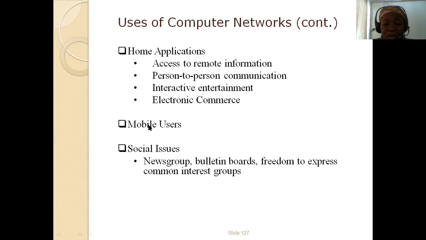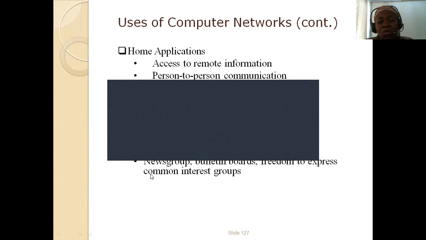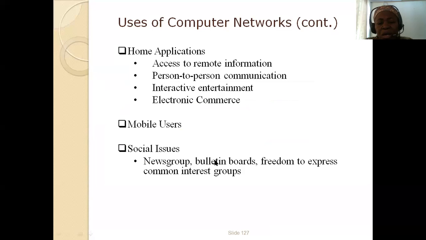Who are mobile users? People who are on the go. Today, with our mobile phones, we connect to the internet and, anywhere we are, use the resources on the internet. Also used for social issues. We have a lot of social groups.